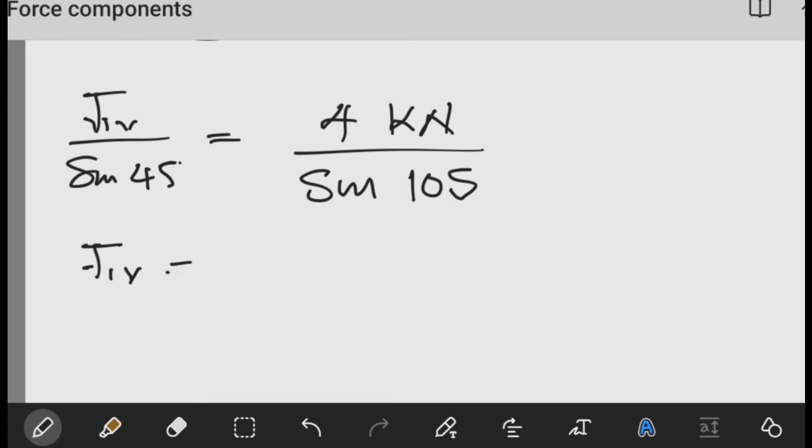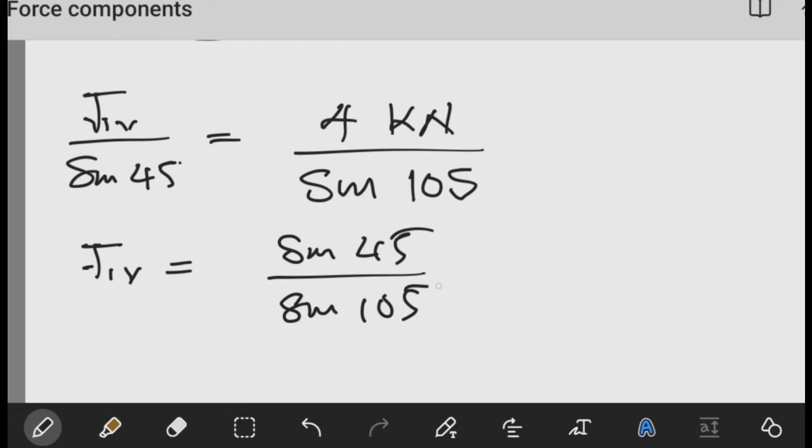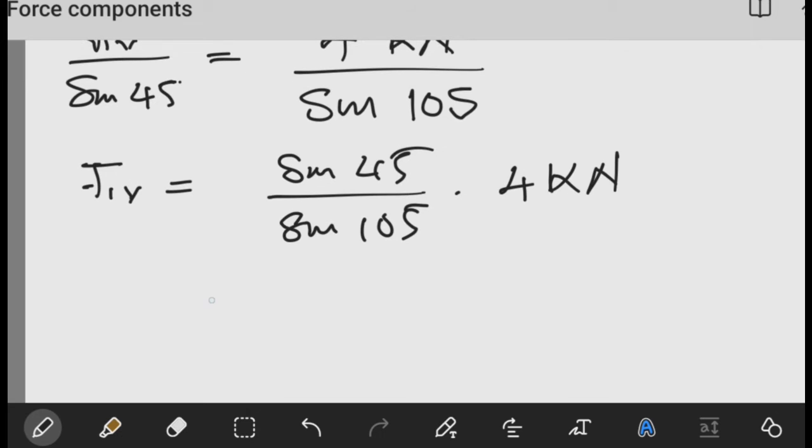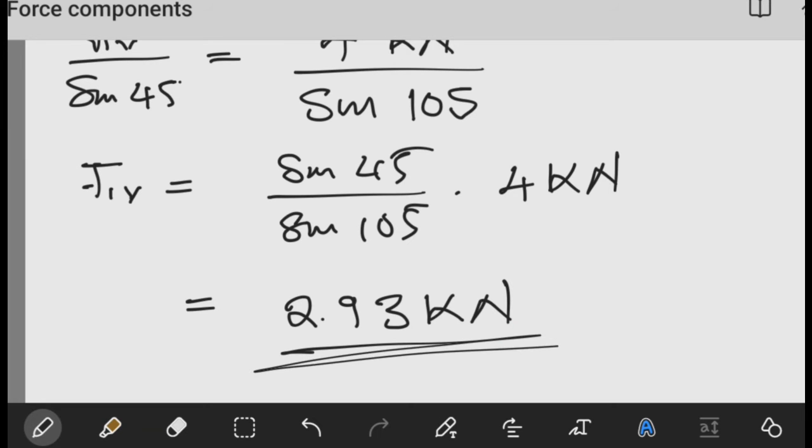Finally, F1 in V will be equal to sine 45 divided by sine 105 multiplying 4 kilonewtons. So from here, we do the math, and F1 in V comes out as 2.93 kilonewtons. So this is what comes out as the component of F1 along the V axis.